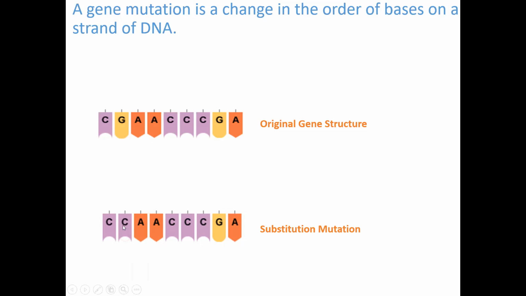This is the wrong base being put in. The first triplet on the DNA should be cytosine, guanine, adenine. But the first triplet that shows up here in the DNA is now cytosine, cytosine, adenine. We've replaced the guanine with a cytosine. So we have initially CGA and we end up with CCA.